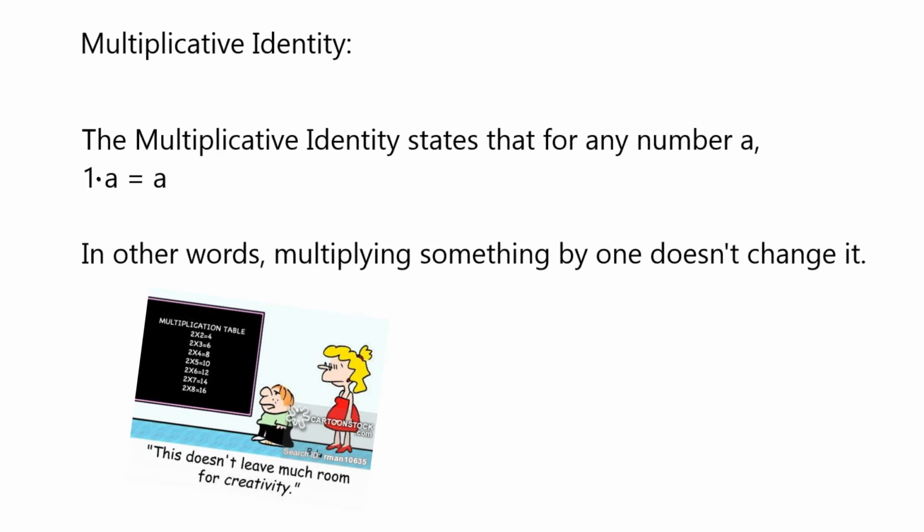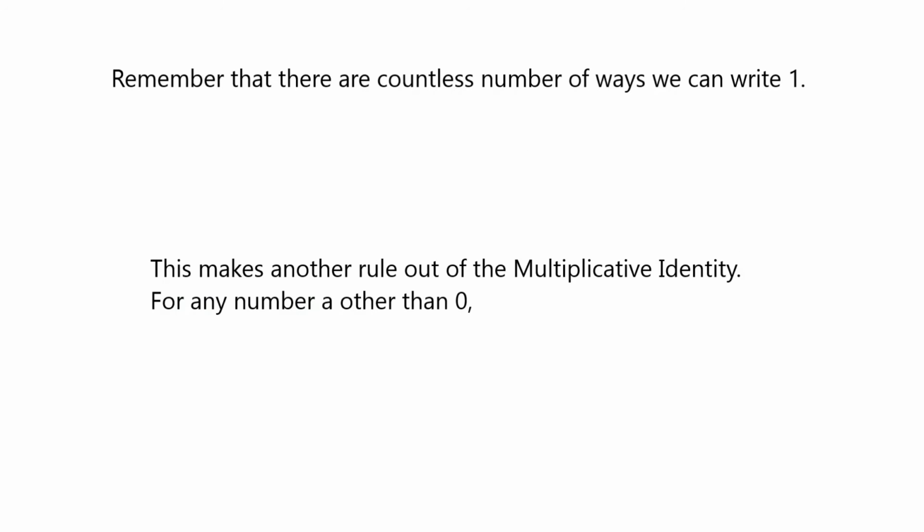The multiplicative identity, just as simple as its additive counterpart, states, in plain words, that if you multiply something by 1, that also doesn't change it. But remember, there are countless ways that we can write the number 1.